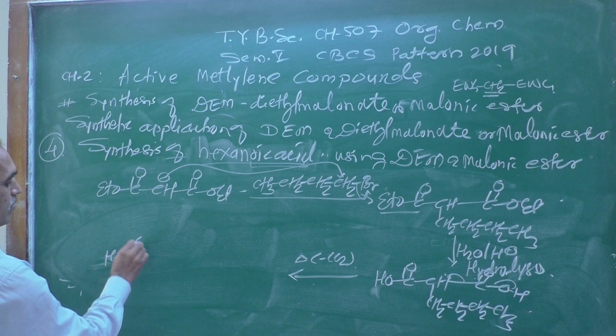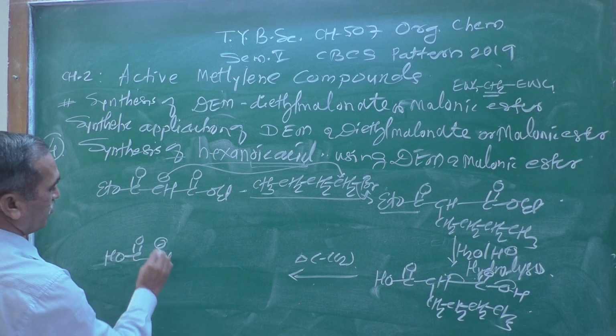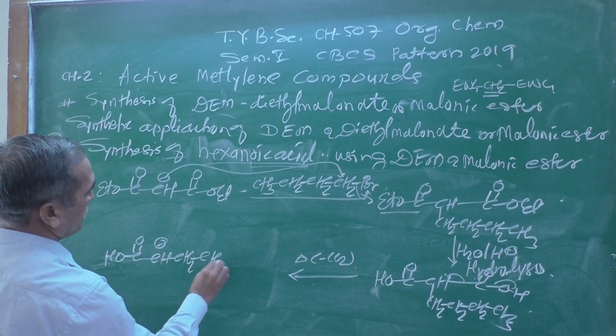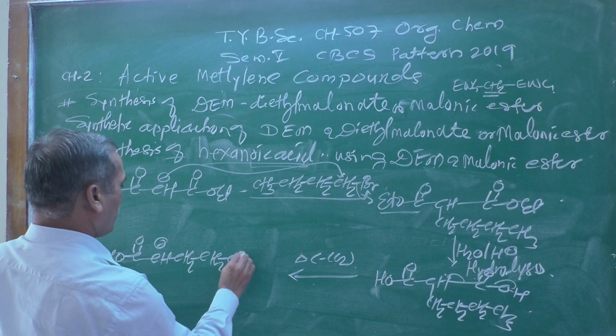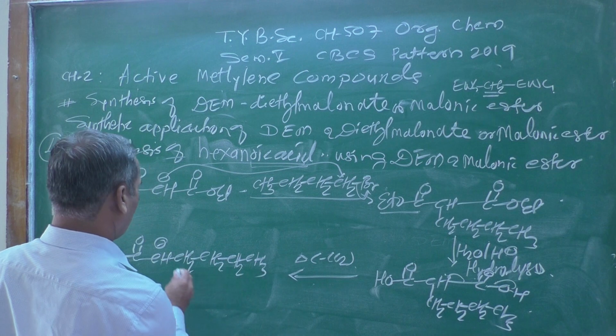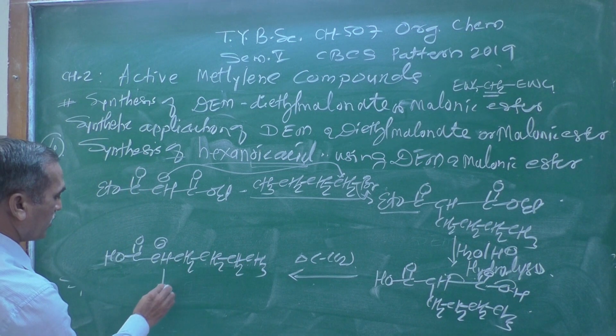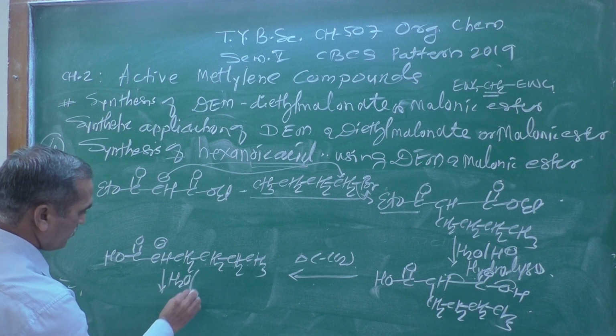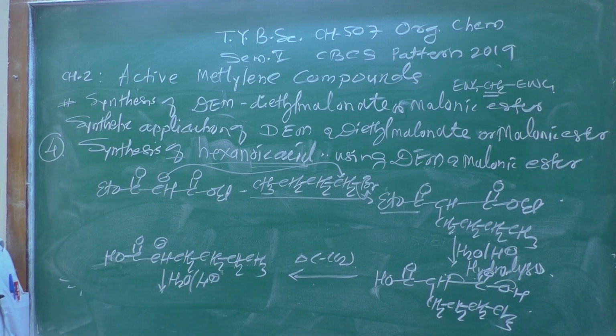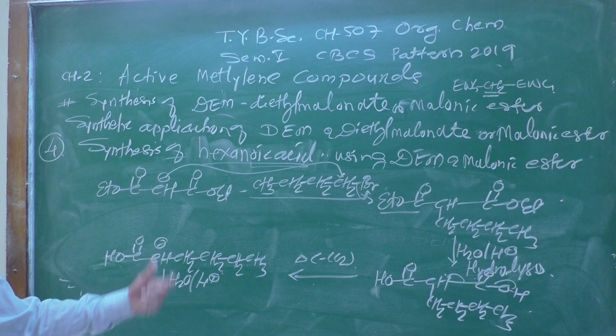HO, C double bond O, CH minus, CH2, CH2, then CH2, CH3, 1, 2, 3, 4, and after that we add this step, as we know that this is protonation.